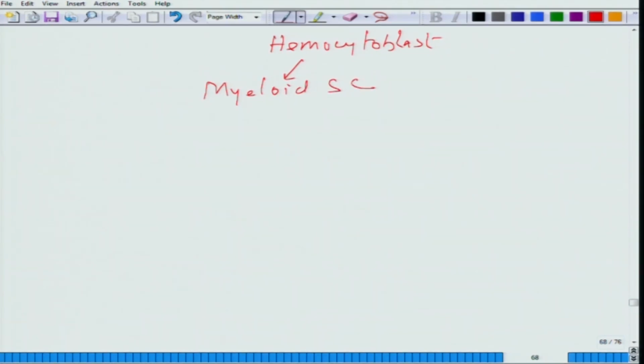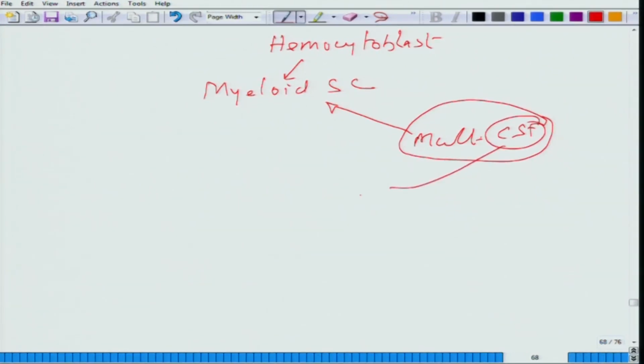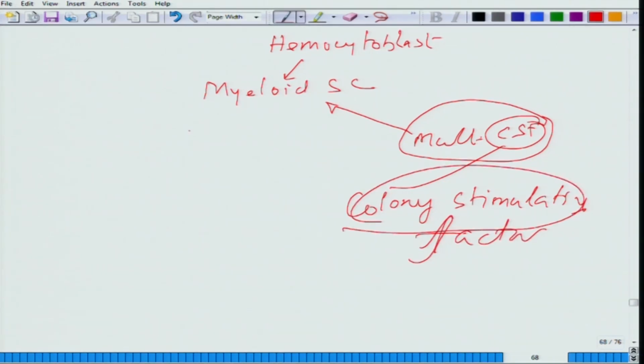The myeloid stem cells, under the action of multi-CSF, which stands for colony stimulating factor, form progenitor cells which are destined to become platelets.